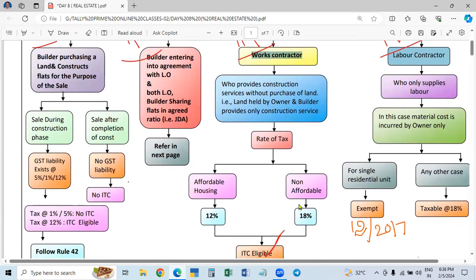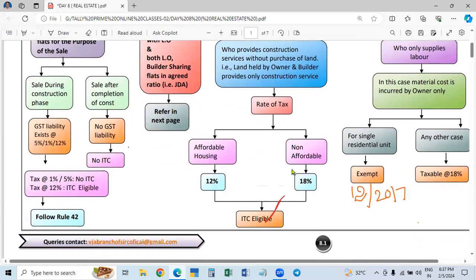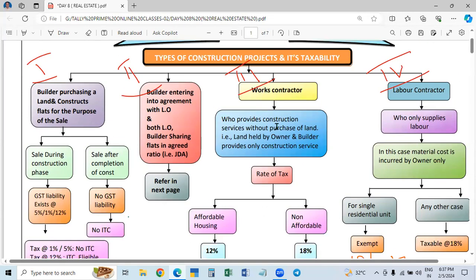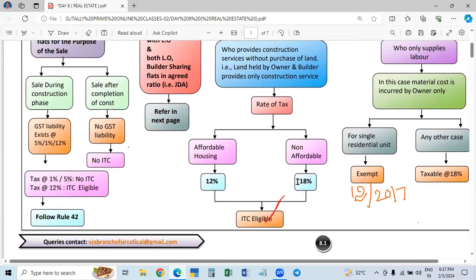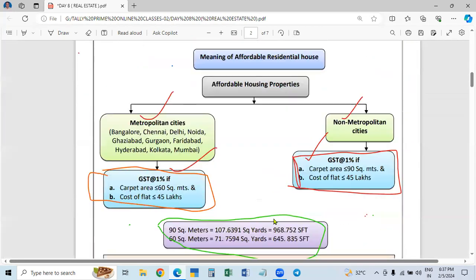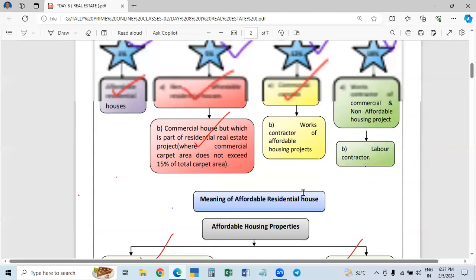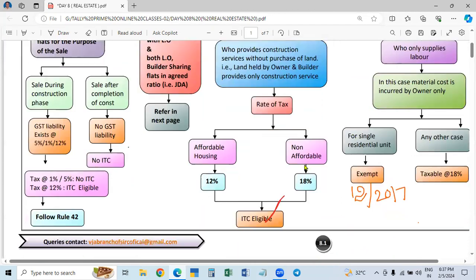In this case, the rate of tax for the works contract is generally 18%. If it is commercial, definitely it is 18%. We already understood what is meant by affordable and non-affordable houses. If construction service is given to affordable housing, the rate will be 12% only.